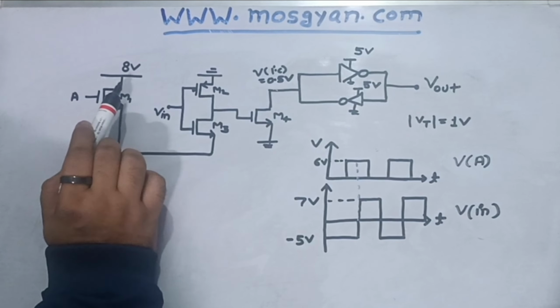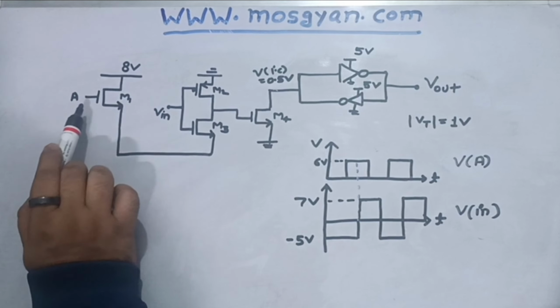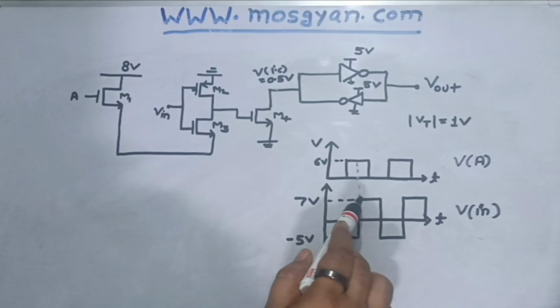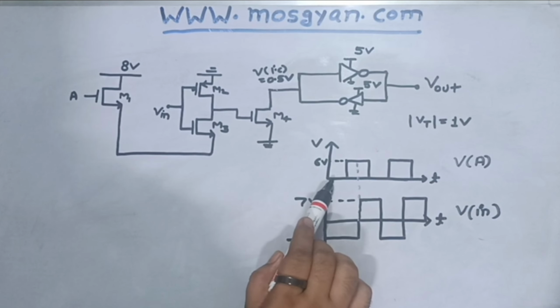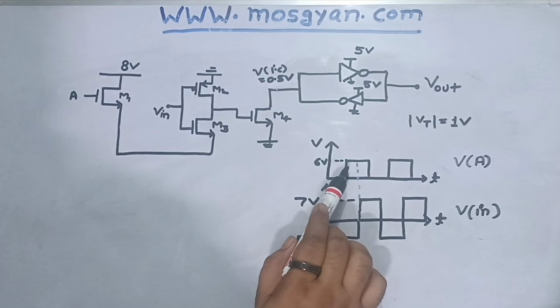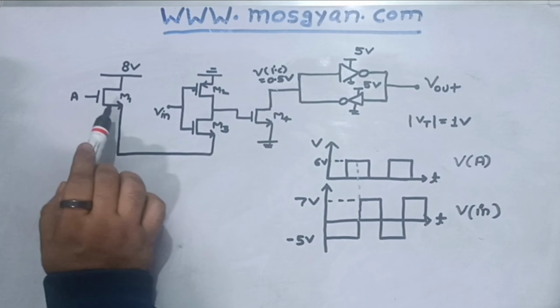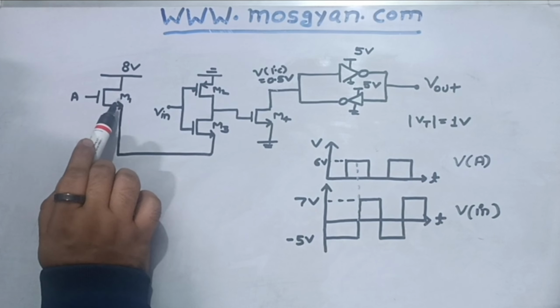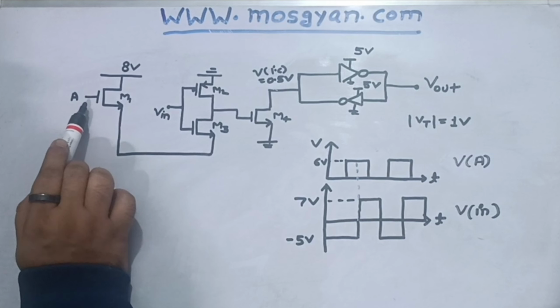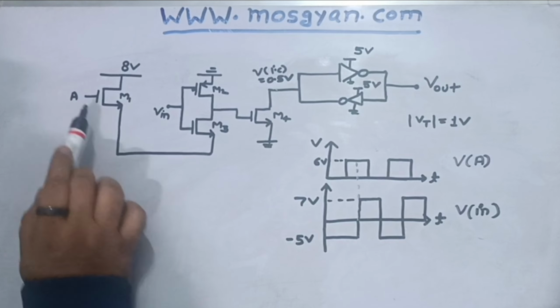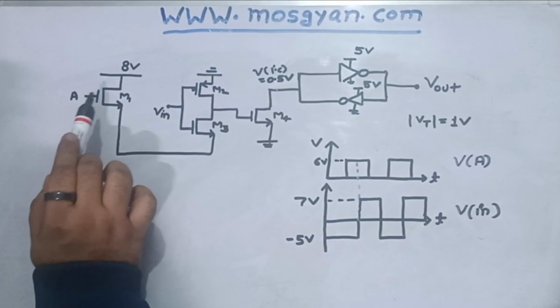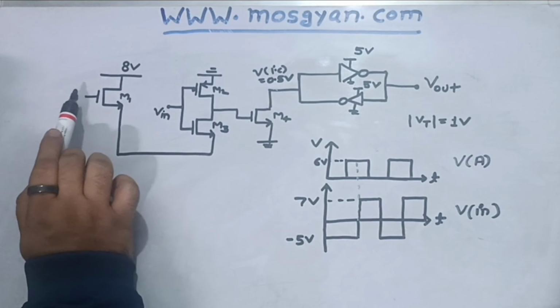You can see supply is given as 8 volt and the A input is drawn here. The input starts from 0 volt, then goes till 6 volt. Threshold voltage is also given as 1 volt. Initially input A is sitting at 0 volt, so this NMOS will be turned off.